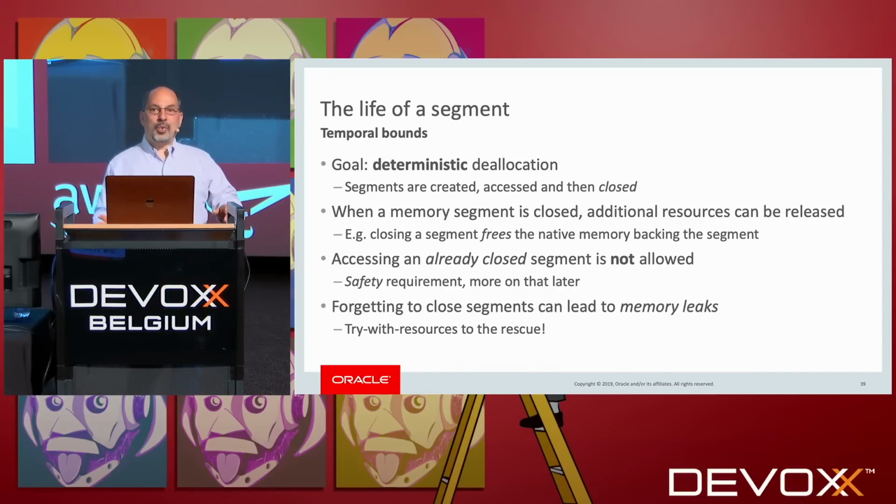With ByteBuffers, we engaged garbage collection to do our cleanup for us, which was reliable, but we didn't always know when it was going to happen. It was reliable but unpredictable. When you have to close a segment yourself, you get predictability, but the responsibility is on you to actually close it.